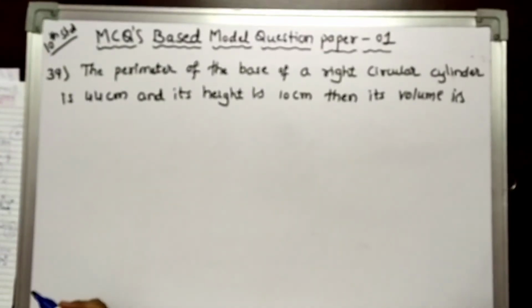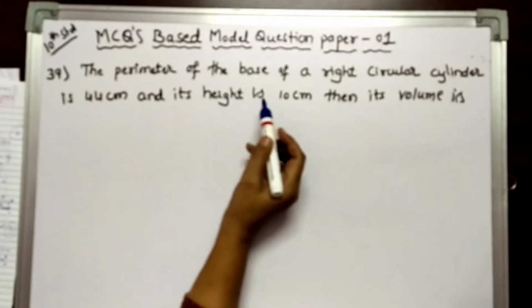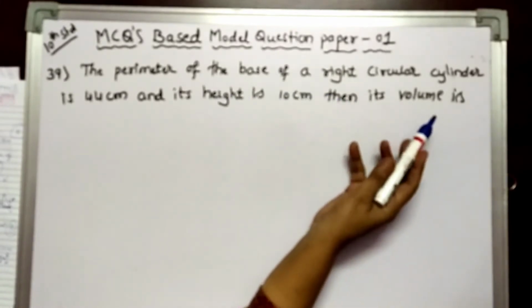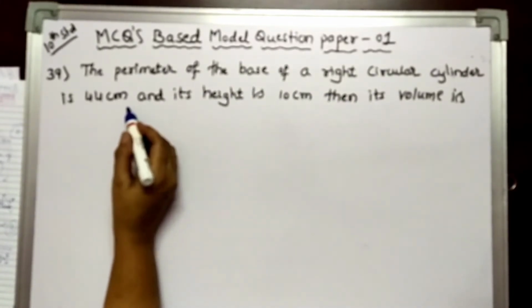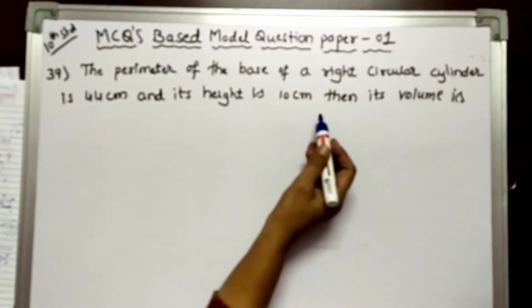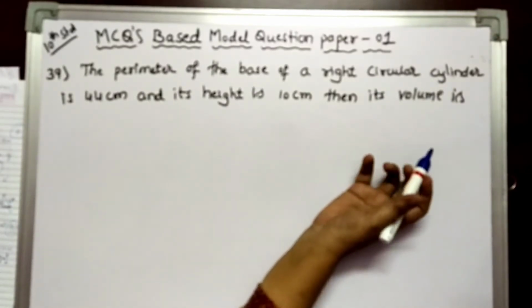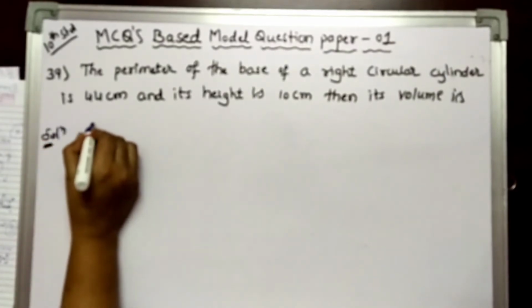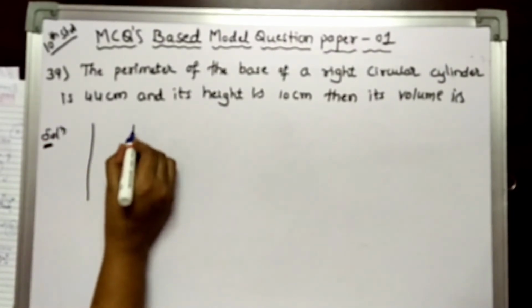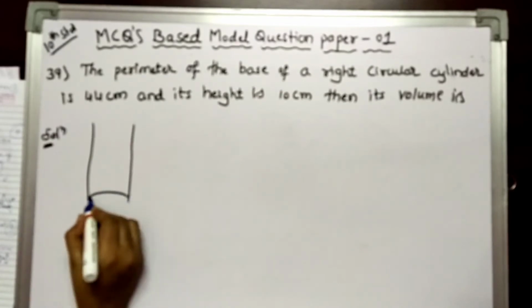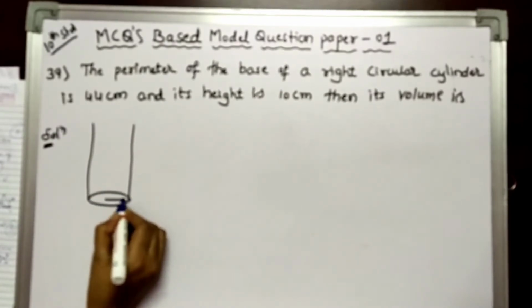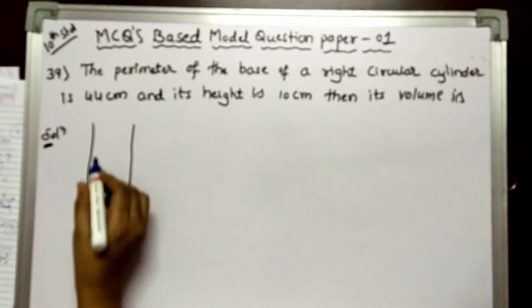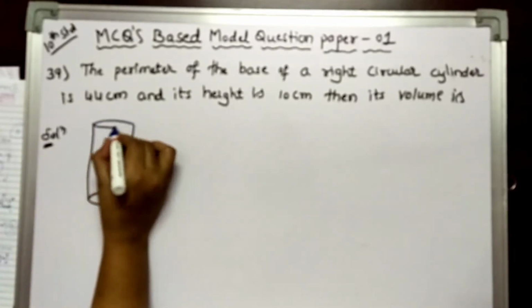Question number 39. The perimeter of the base of a right circular cylinder is 44 centimeters and its height is 10 centimeters. Then its volume? So it is a cylinder. Here it is the radius and the height.